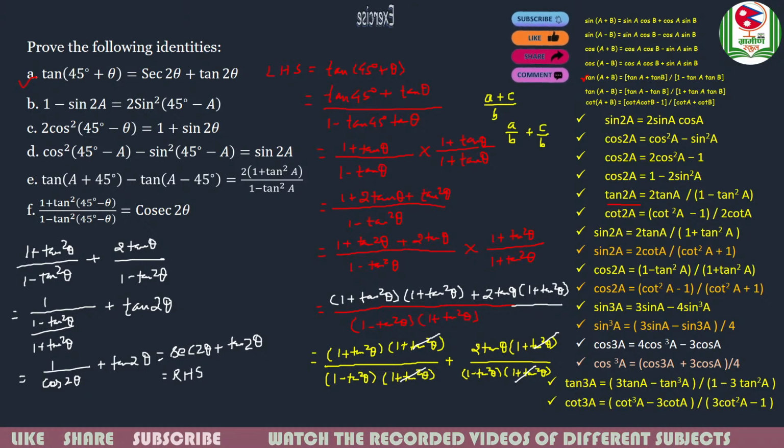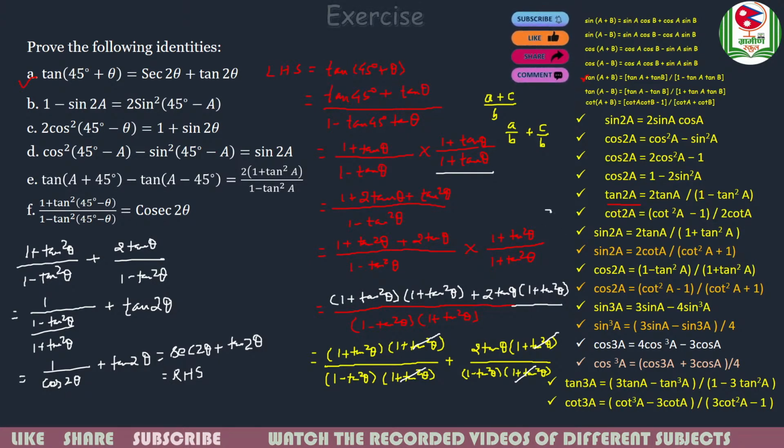While proving this from LHS to RHS, it seems very difficult, because first of all you have to think that you have to apply 1 plus tan theta upon 1 minus tan theta, and the result is here. And then again you have to rationalize, multiplying the numerator and denominator by 1 plus tan square theta.